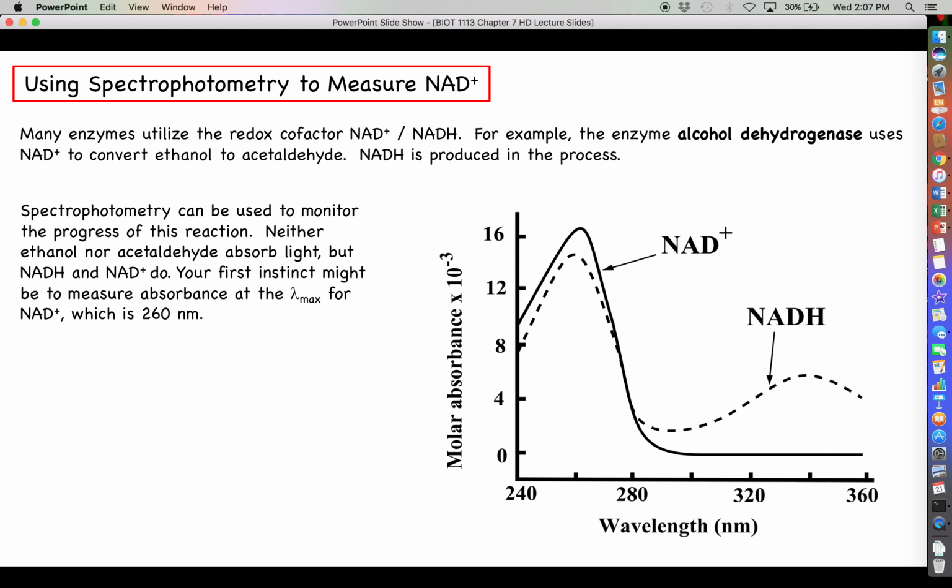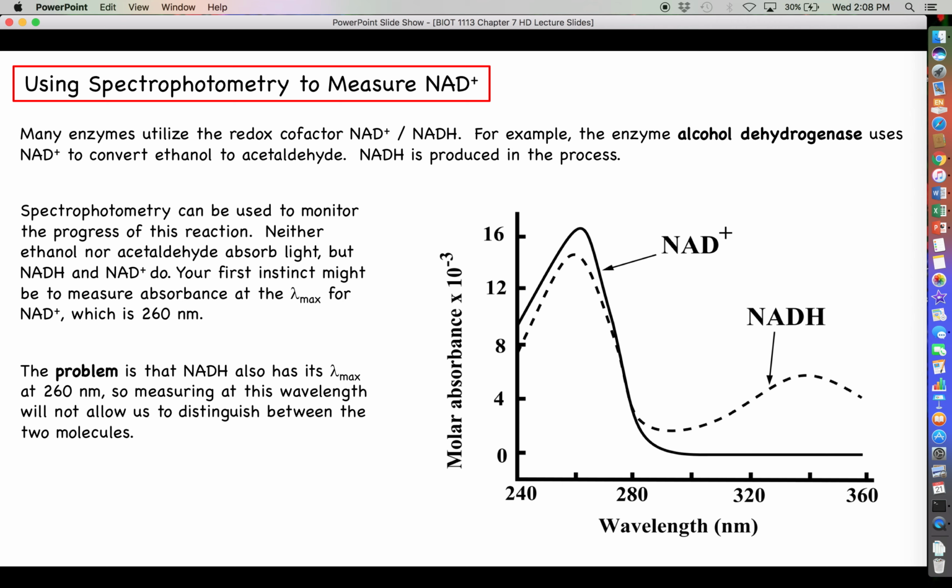You might say, okay, we've got a lambda max at 260 nanometers, so we can study this reaction by reading absorbances at this particular lambda max wavelength, which is 260 nanometers. Well, do you see the problem here? The problem is that both NAD+ and NADH have the same lambda max. It's right at 260 nanometers.